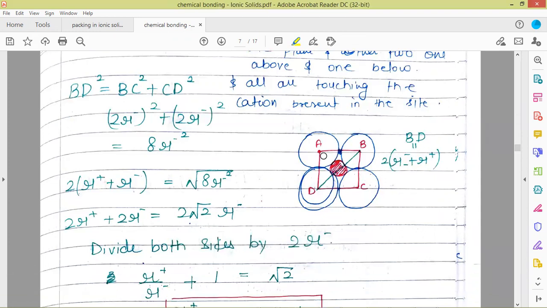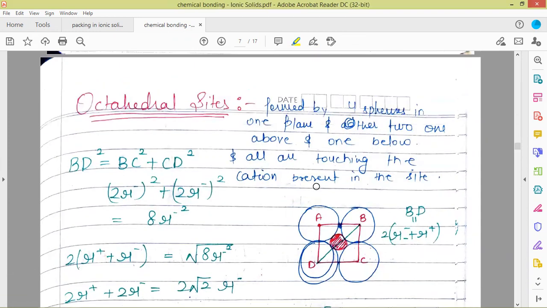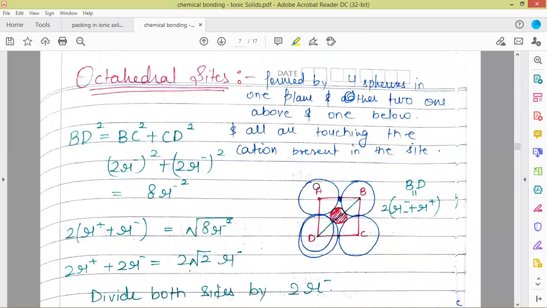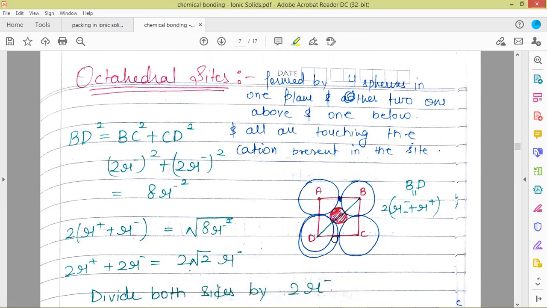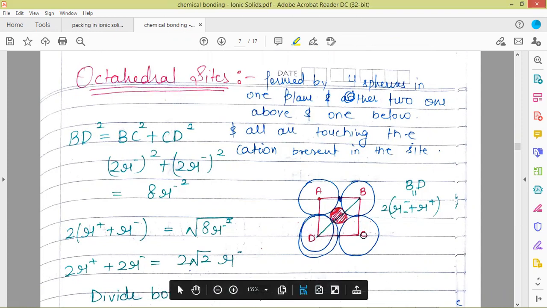So here the AD length is equal to, or we can say, in the right angle triangle BCD, BD square is equal to BC square plus CD square. DC, which is the side length of the square made by joining the 4 spheres, is equal to 2R negative, that is the diameter of this sphere.